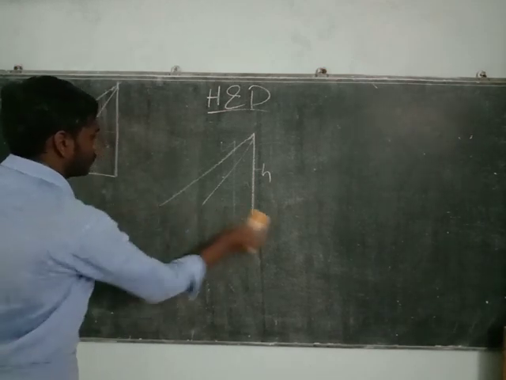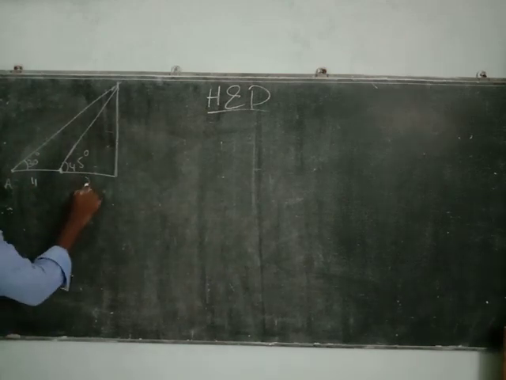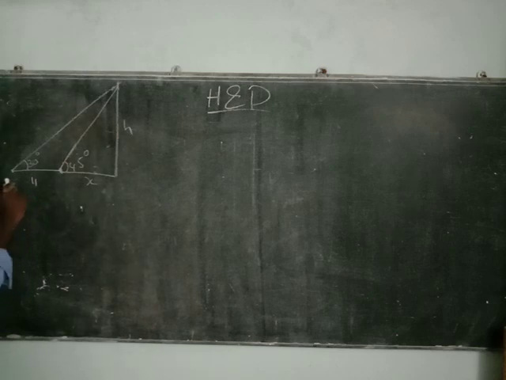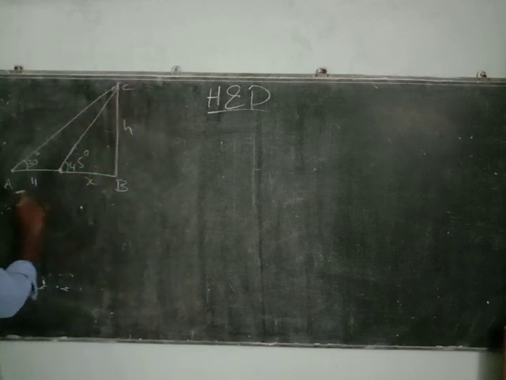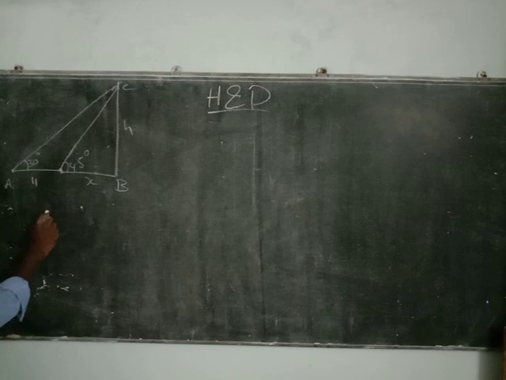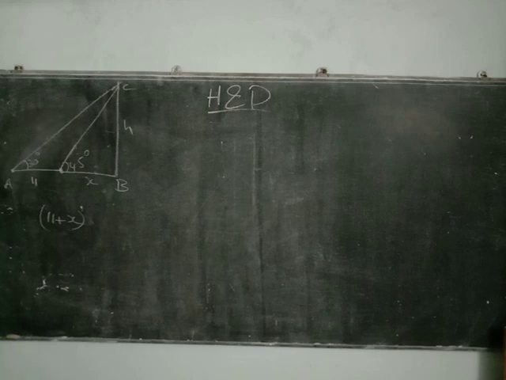Now, if this is x and this is height h, with points A, B and C, the total distance between the foot of the tower and the person is 11 plus x, and this is the height of the tower.